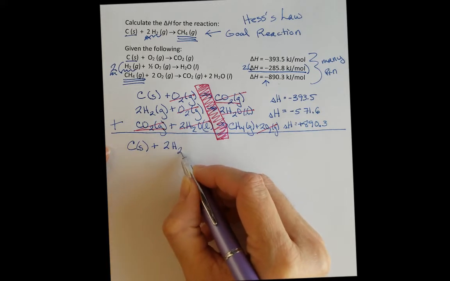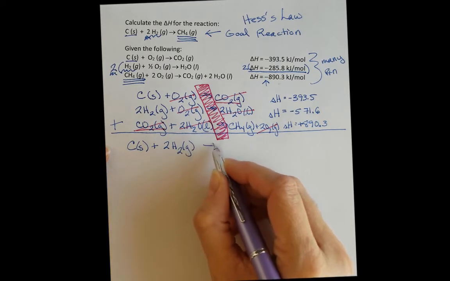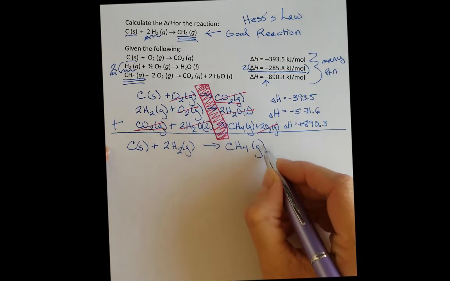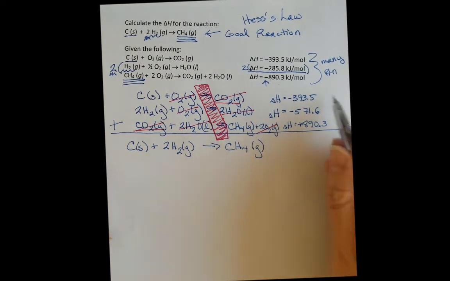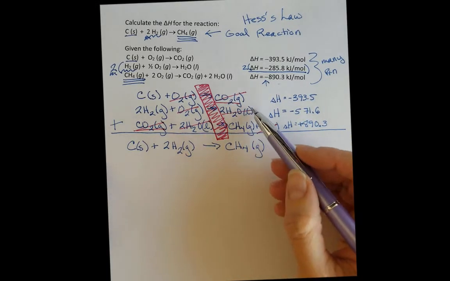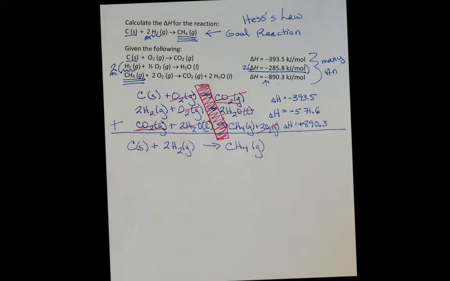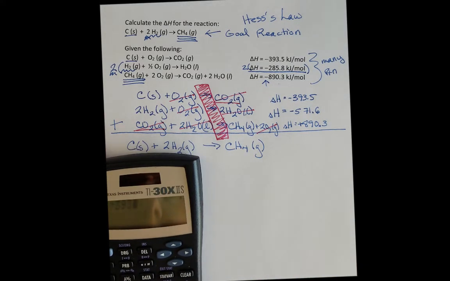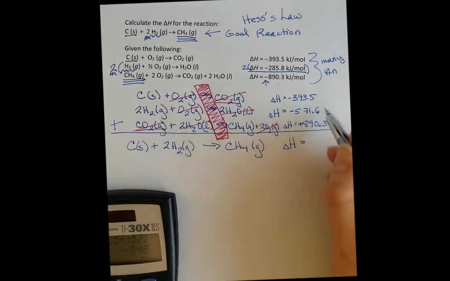These should be the things that are unique, that are only on one side or the other of that reaction arrow. And then for my delta H values, I'm just going to add these all together. That's actually what was happening here, I was just adding them all together. Everything is added together, just straight addition.